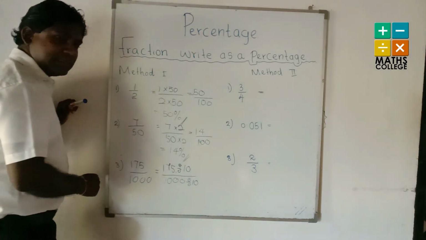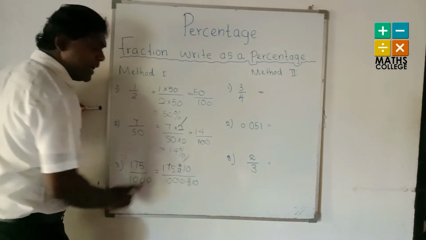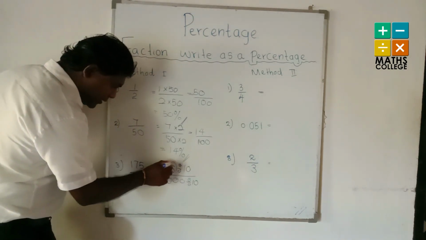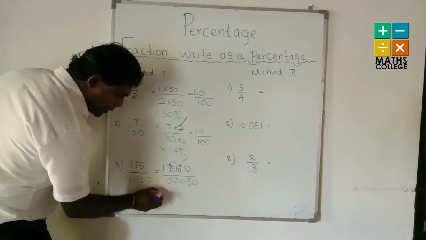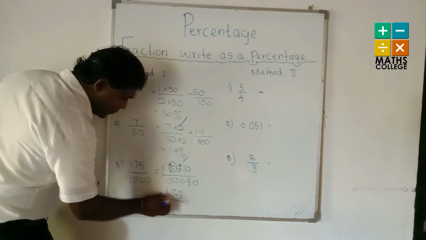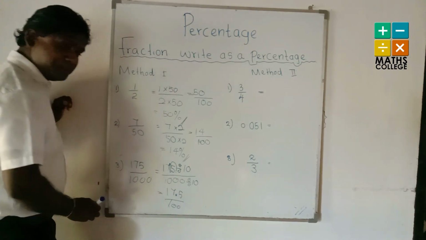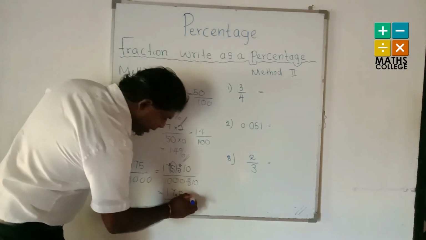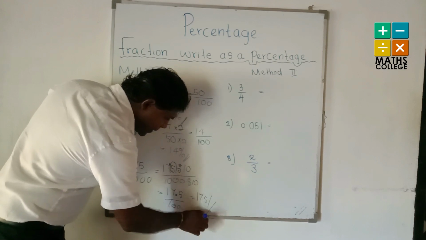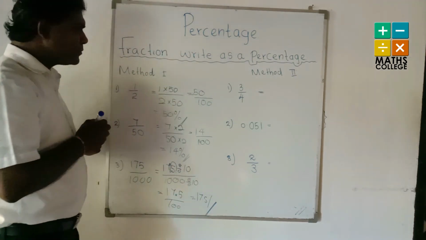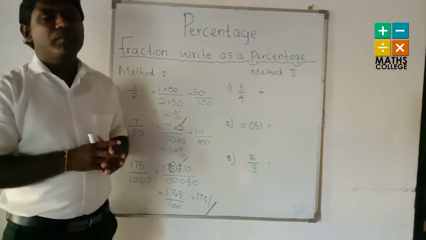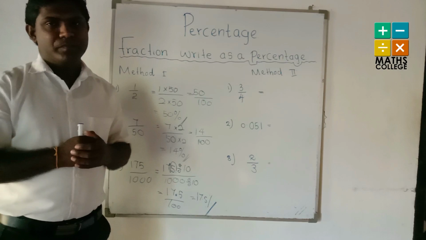One decimal place jump to left side because 10 has 1 zero. This point jumps to this place. 17.5 upon 100. Denominator is 100, so 17.5 percentage. This is from method 1.